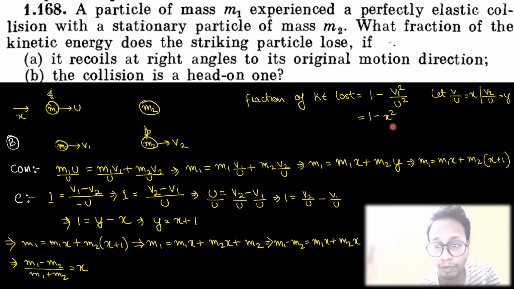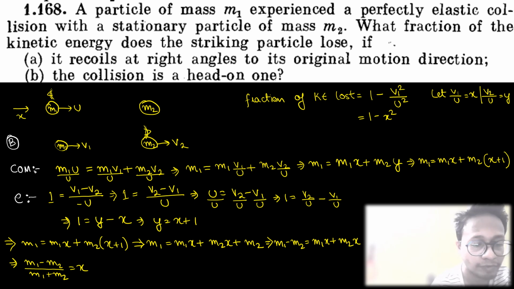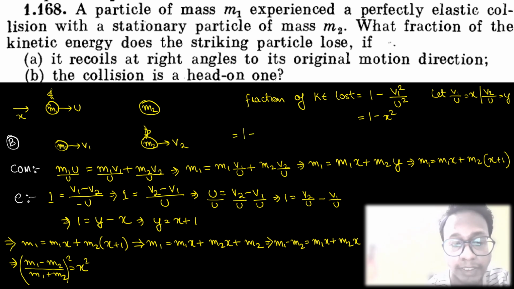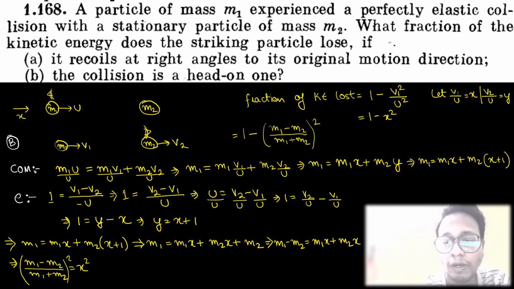And now what must I do? I must find out 1 minus x square. So what is the value of x? This one. What is the value of x square? This entire square. And the value of 1 minus x square is nothing but 1 minus (m1 minus m2 by m1 plus m2) whole square, isn't it? Can I separate out the bracket?